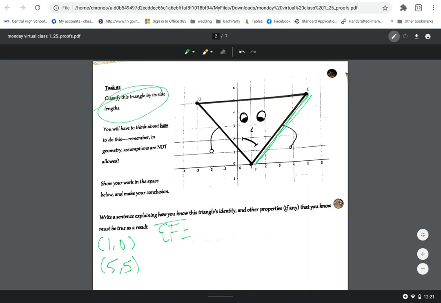Okay, so let's look. I'm going to do the square root of, remember it's x minus x, so 5 minus 1 squared. The next one is y minus y, so 5 minus 0 squared. So I've got 4 squared, which is 16, and 5 squared, which is 25.